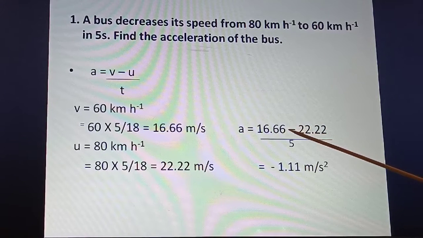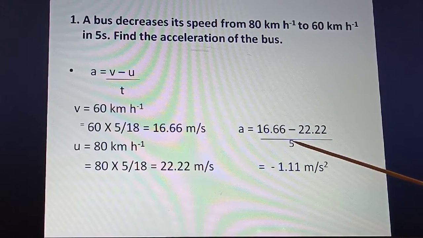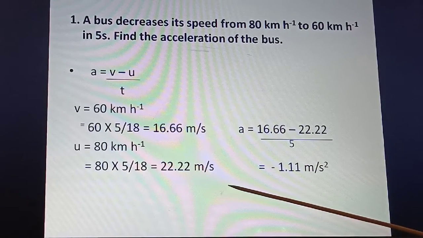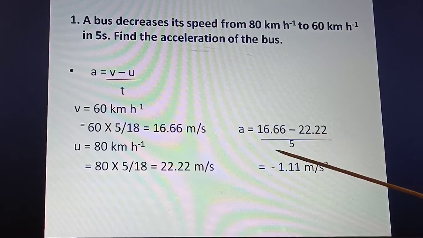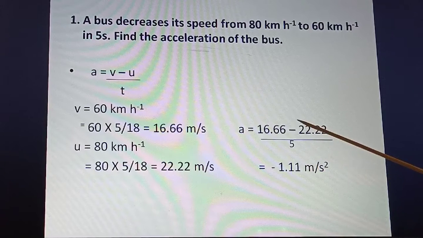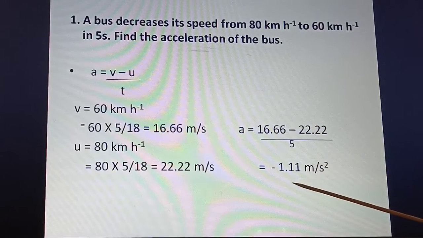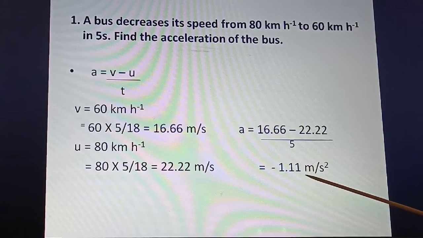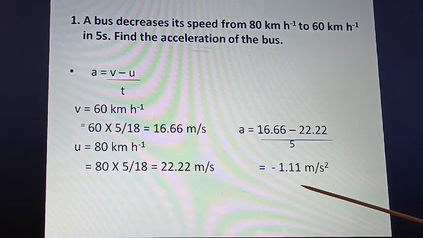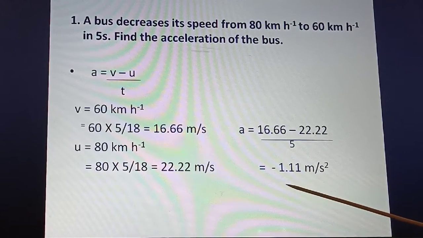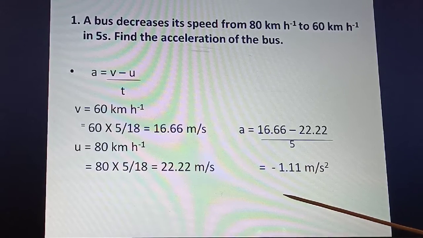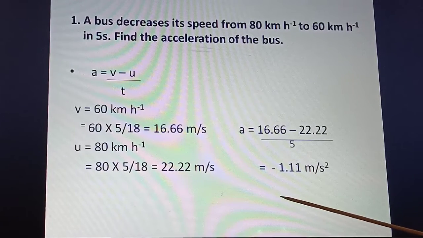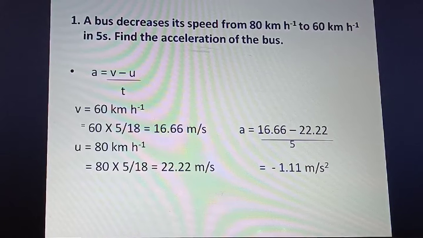A is equal to, what is the final velocity? 16.66 minus the initial velocity 22.22, by 5. So when you divide, you get minus 1.11 meter per second square. What is this? This is the negative acceleration, or it is also called retardation.